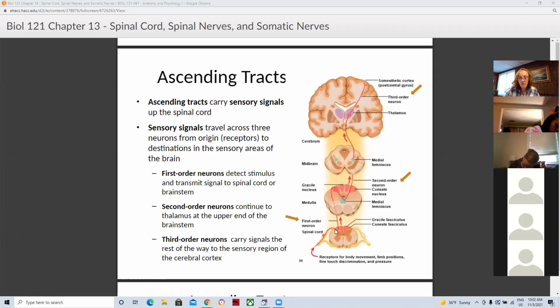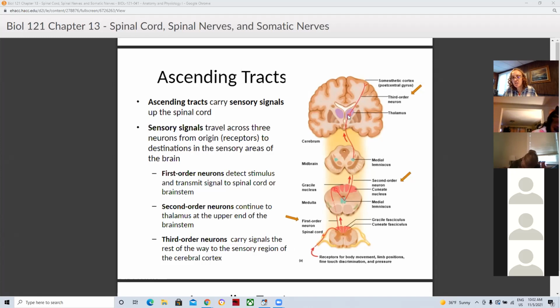Sorry, I said that all wrong. The third order neurons are going to carry the signals the rest of the way from the thalamus to the sensory region of the cerebral cortex. The cerebral cortex is this most outer layer.